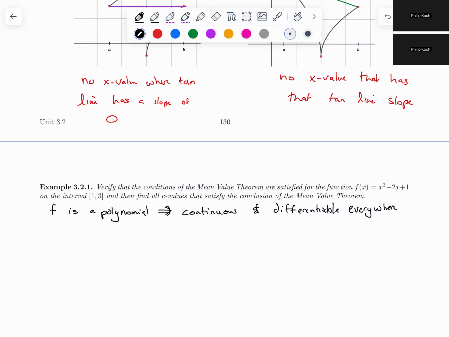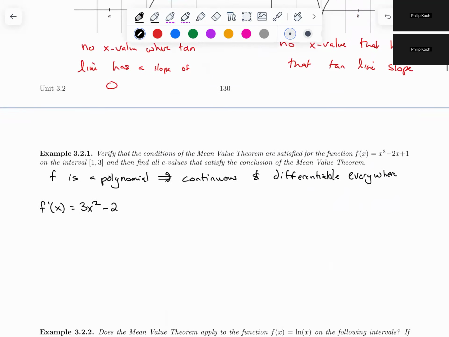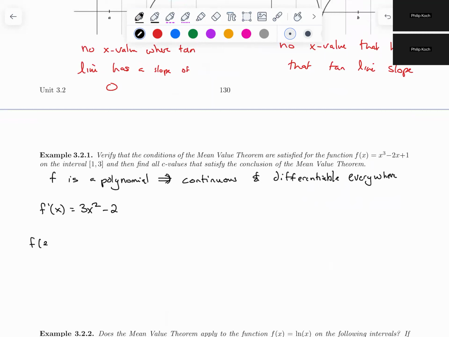So f prime of x is 3x squared minus 2, excuse me. And then f of 3 is equal to 3 cubed minus 2 times 3 plus 1, which is 22, right? Because 27 minus 6 is 21, plus 1, 22.